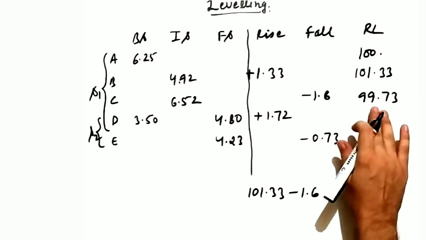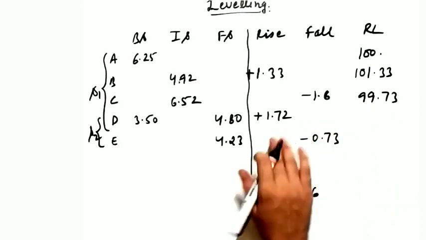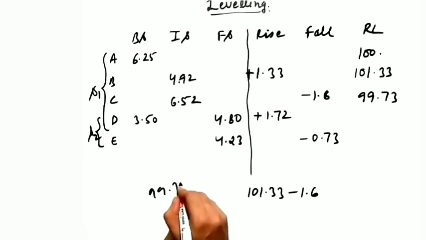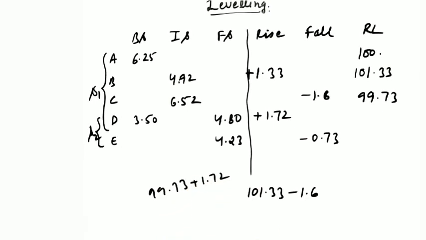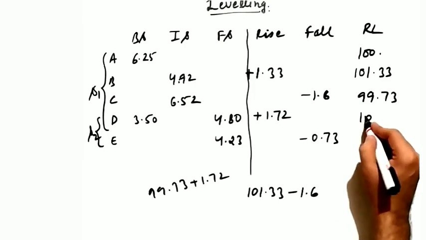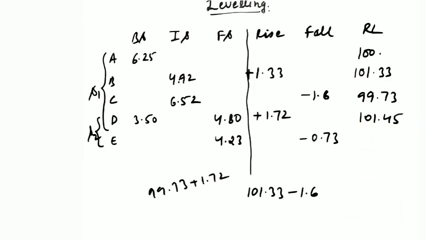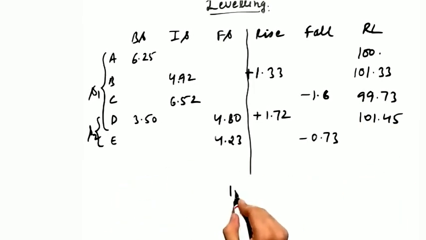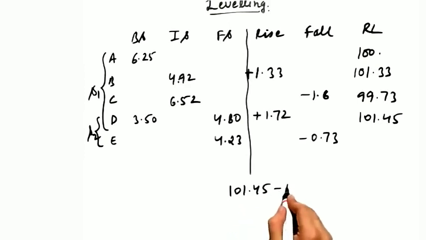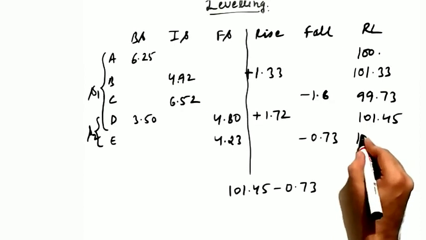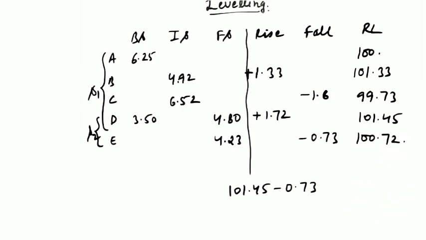Similarly, from this 99.73 you will have to add 1.72, and you will get 101.45. Now from this 101.45 you will have to subtract 0.73, so that you will get 100.72. So using this method you obtained the RL of every point.